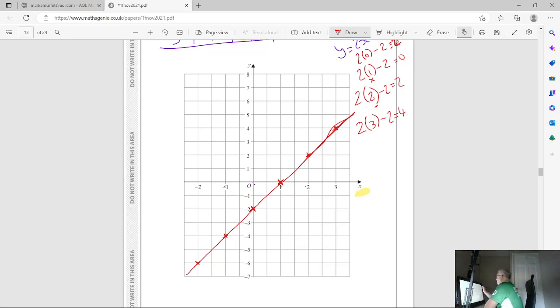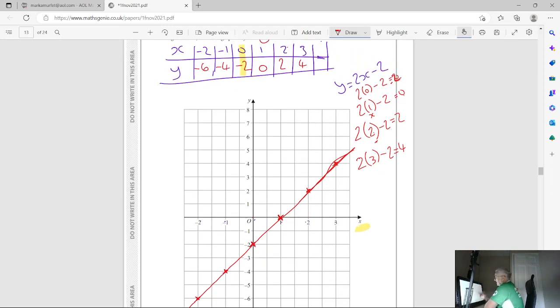Okay, so we've calculated the points at the top here. We've plotted the points: -2, -6; -1, -4; 0, -2; 1, 0; 2, 2; 3, 4.